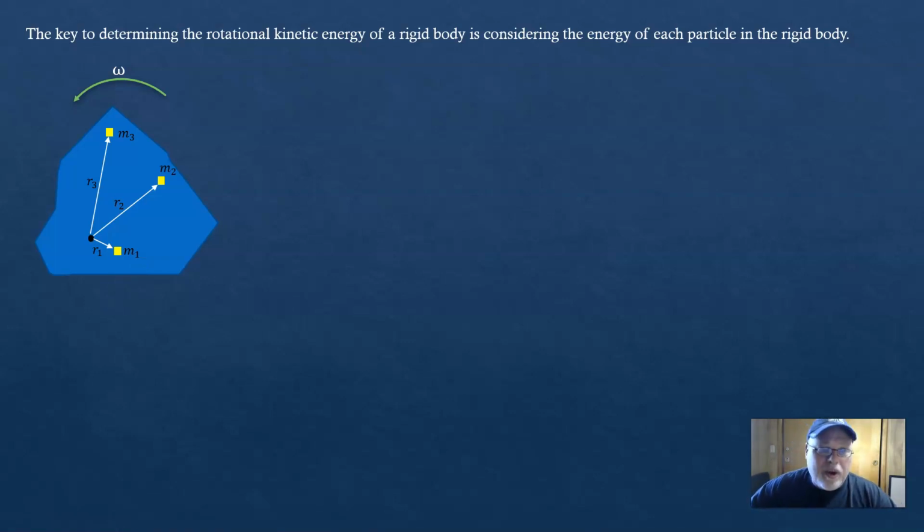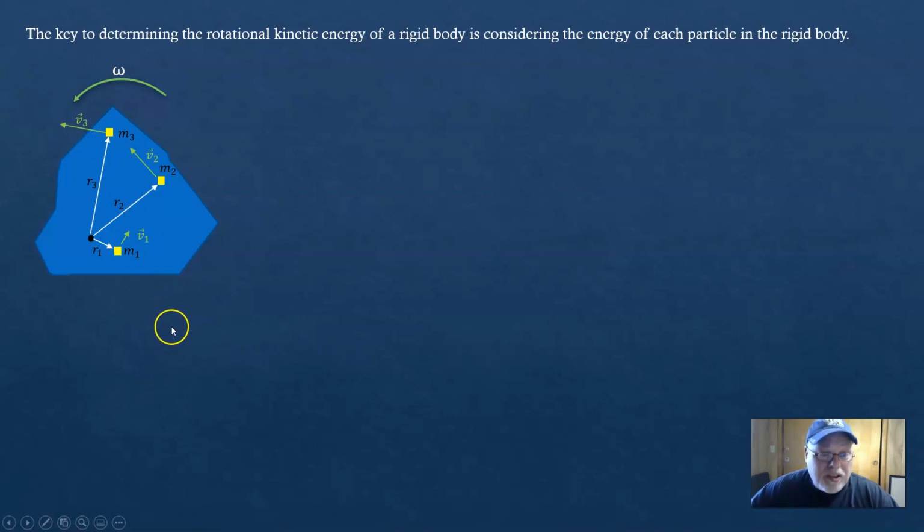That's what they'll have to do. But each of them is going to have a linear velocity, right? So let me draw in the velocity vectors. I don't know if you remember, but the velocity vector for an object that is moving in a circle is always perpendicular to its position vector. If I draw the velocity vectors in, they're going to look something like this. I've got velocities v1, v2, and v3.